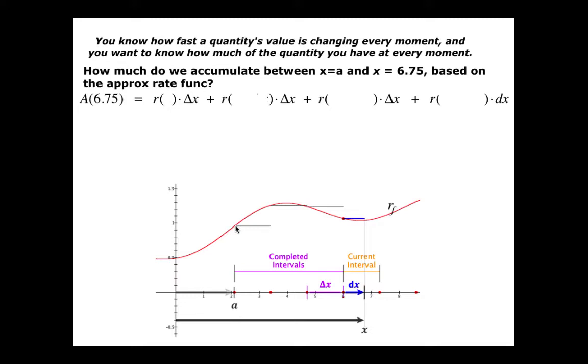yeah, r of a or r sub f of a. It's the same point because the horizontal line segments, the approximate rate and the exact rate are the same there. So I can call that either r sub f of a as the y coordinate or r of a. Either one is fine. And that would be the rate then that I want to use for this first interval.